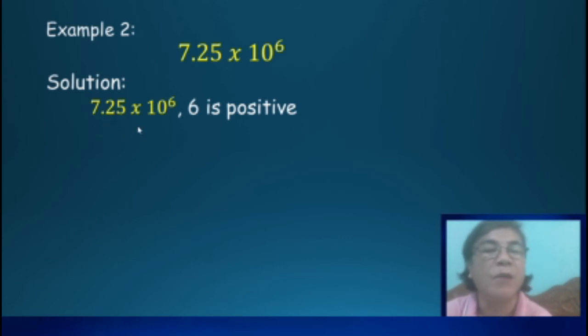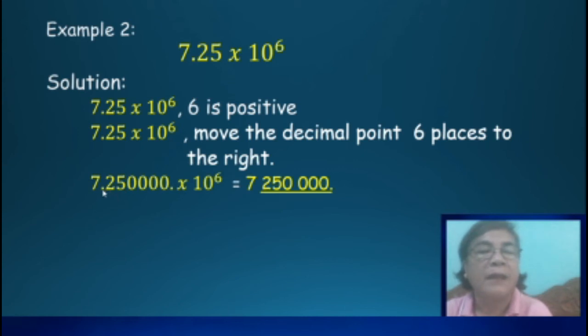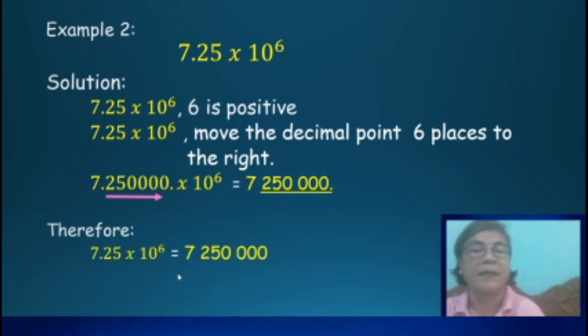So we now move to the right 6 places, right? 1, 2, 3, 4, 5, 6. So the final answer, we will have 7,250,000. Okay, that's the standard form.